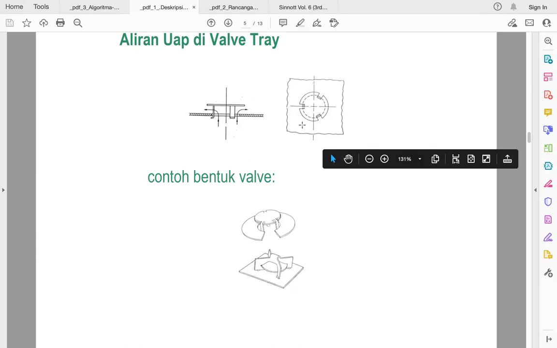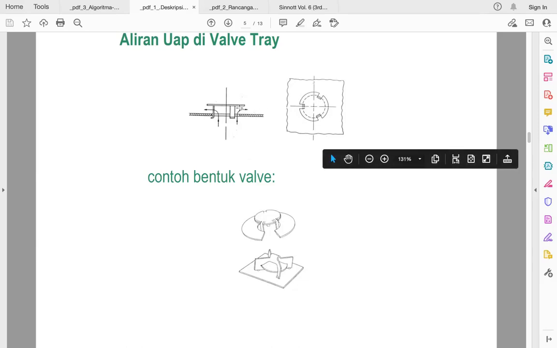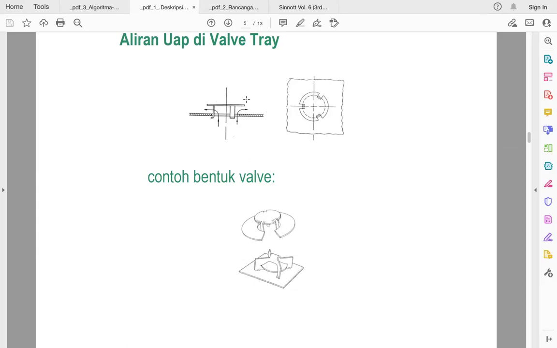So it still has a good contact with the liquid, but also if there is not much gas coming out, it will close down, so the liquid won't have any dripping, so the liquid won't leak, you see.